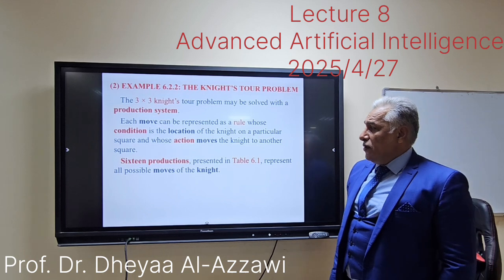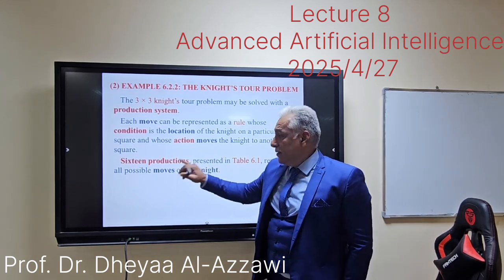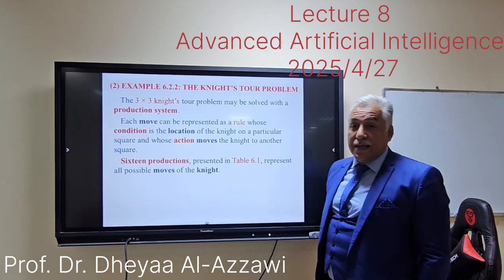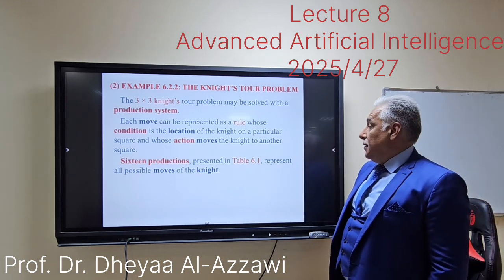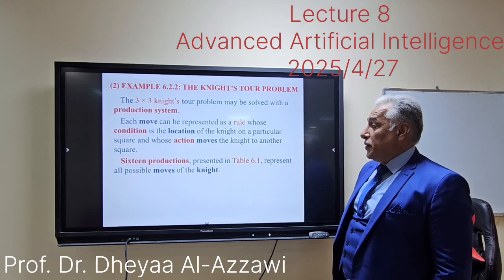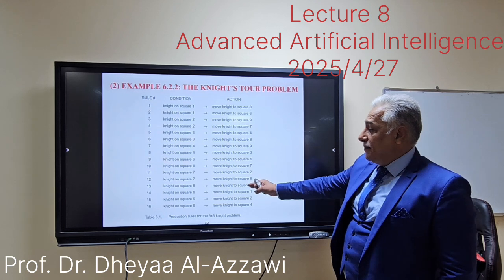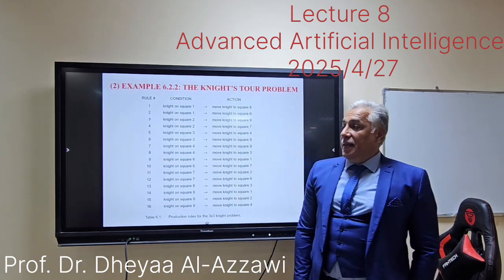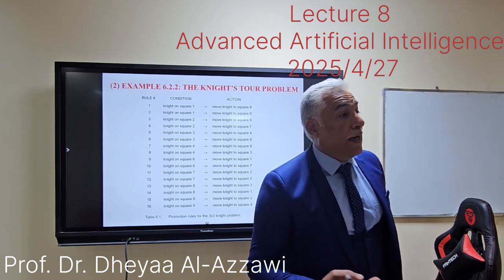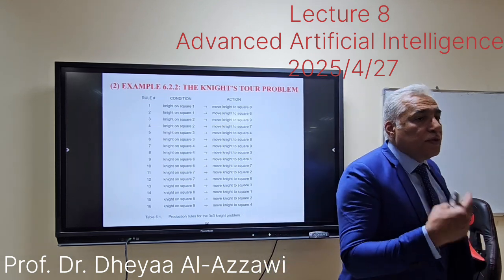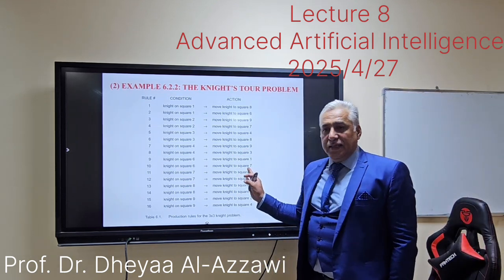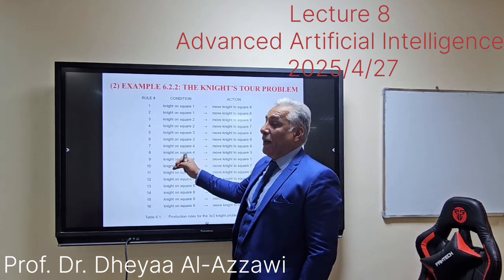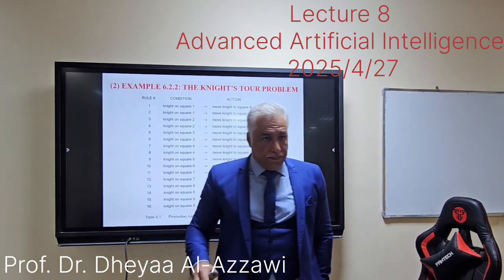Now the 16 rules are presented as in Table 6.1. They present all possible moves of the knight like this. The 16 rules represent all the possible rules that can be used to produce the action after applying them in a particular condition.